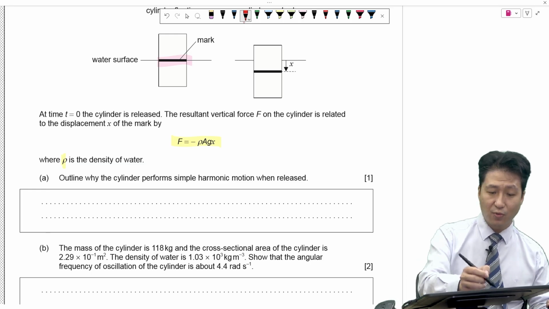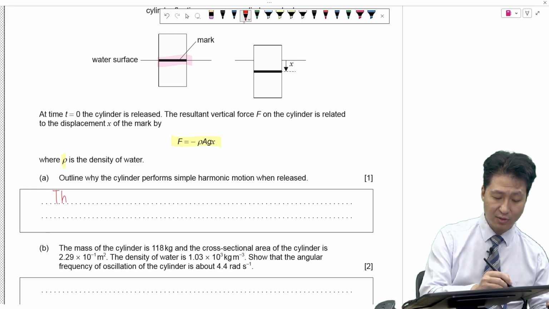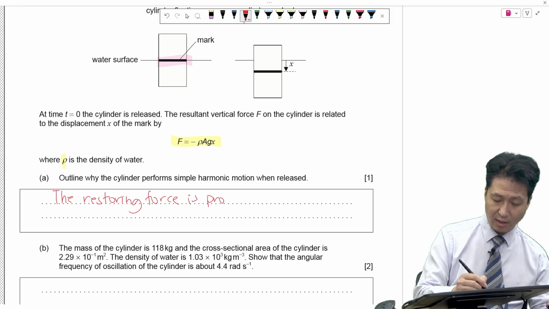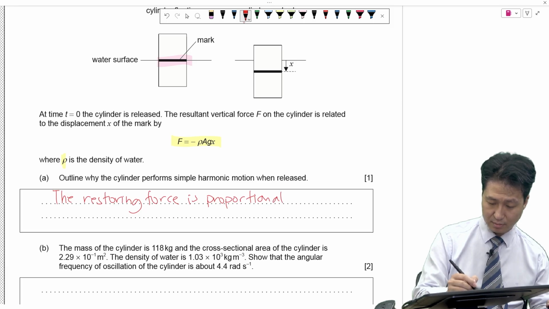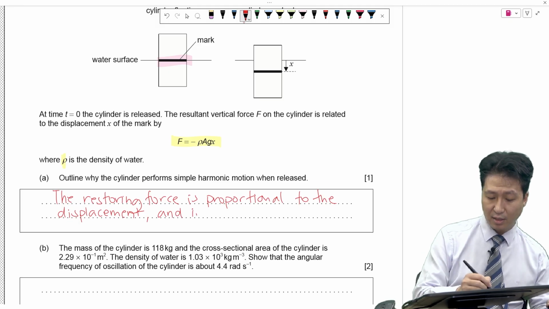Well, there's one requirement for simple harmonic motion, which is that the restoring force is proportional to the displacement and in the opposite direction.